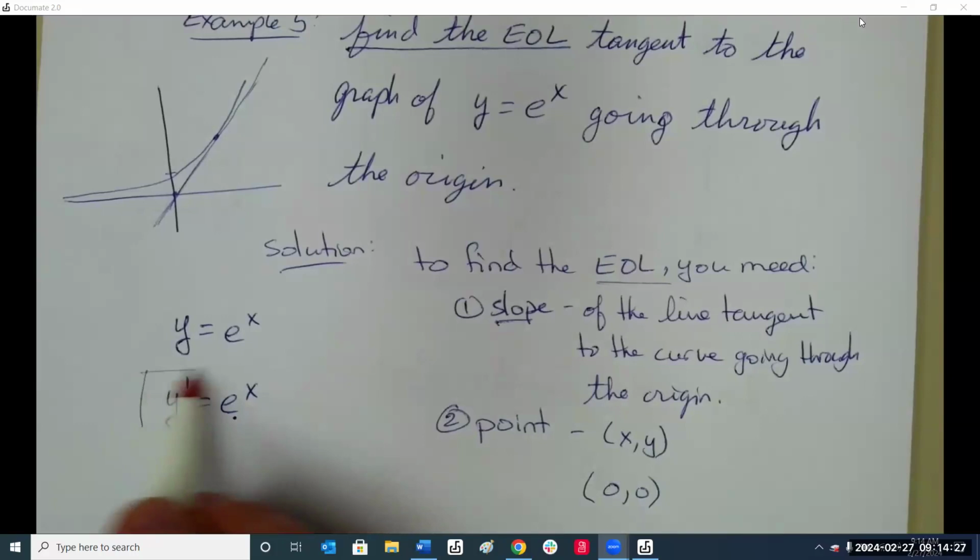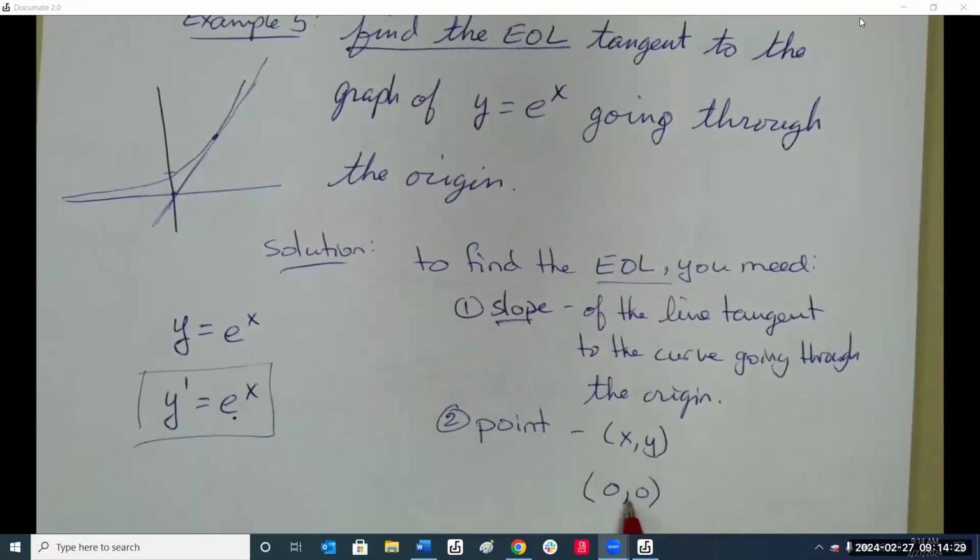So we have the slope of the line going through the origin. What is the slope? We need to have a number. Do we have a value of x? Right there.